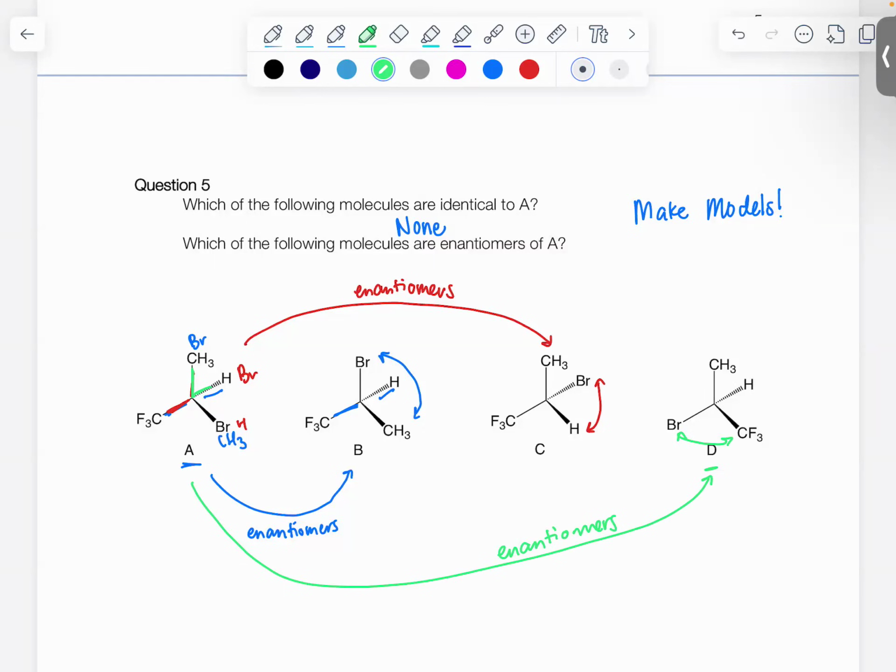Now, an enantiomer should all be identical. There's only one mirror image that we can take of A, and so B, C, and D should be identical. So if we go to check our work, between B and C, this CF3 is the same, and we could switch the places of our bromine and our proton.